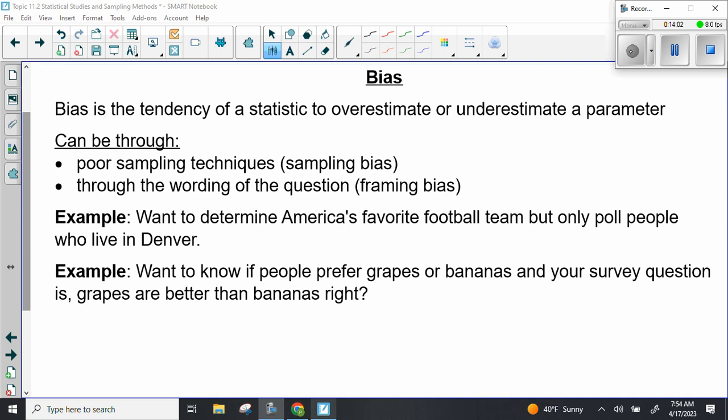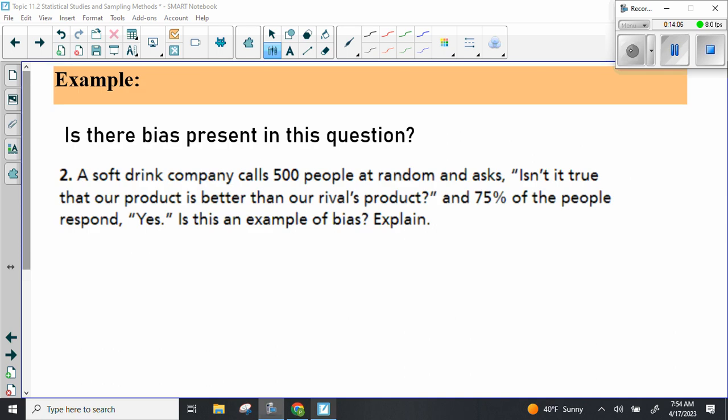So let's see if there's bias present in this question. A soft drink company calls 500 people at random and asks, "Isn't it true that our product is better than our rival's product?" So this right here, we've introduced some language that already says, "Hey, it's better," right?